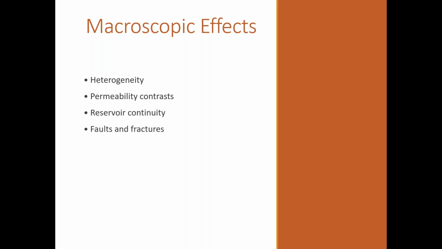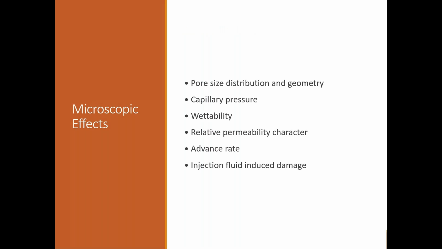But even though these parameters are well and good, if your pore size distribution and geometry, capillary pressure, wettability and relative permeability are not helping you out, then you will not be able to achieve a successful water flood.